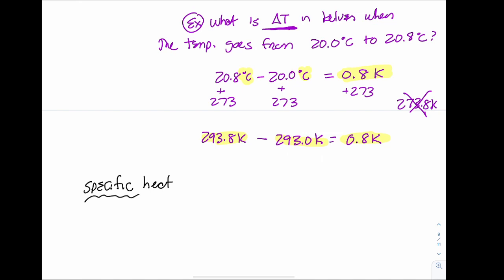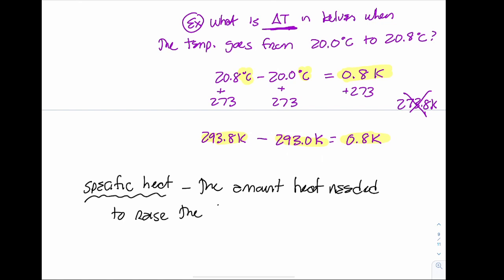So specific heat: the amount of heat needed to raise the temperature of 1 gram of a substance by 1 degree Celsius or 1 Kelvin, again, those being the same amount.